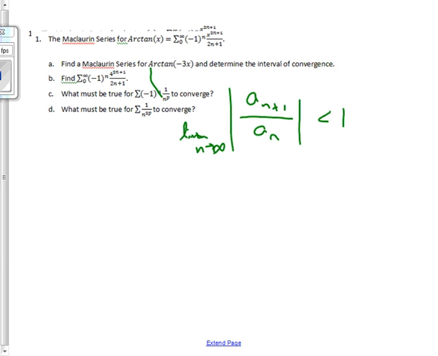And so to do that, we can ignore those negative 1s. So we don't need to worry about the negative 1 to the n.